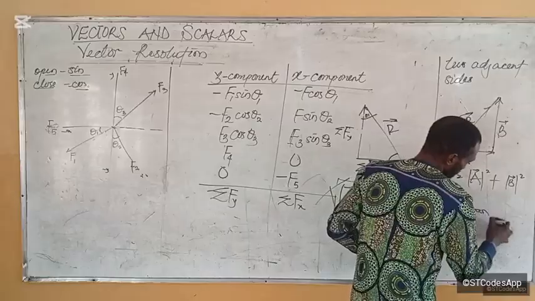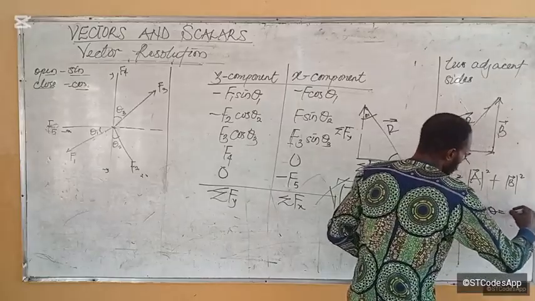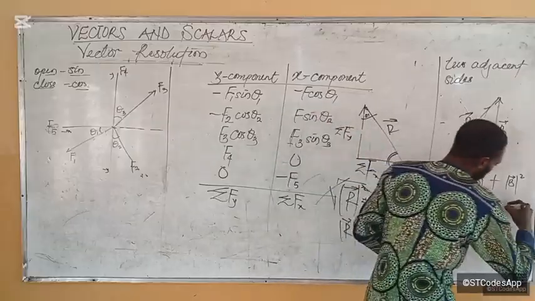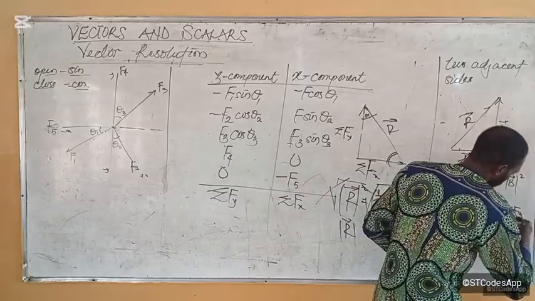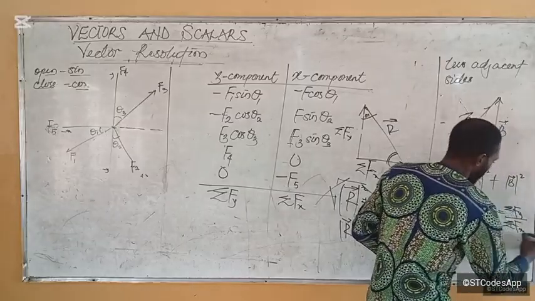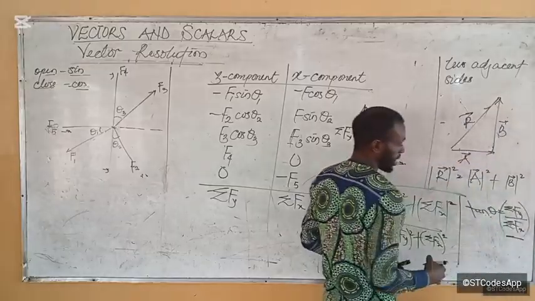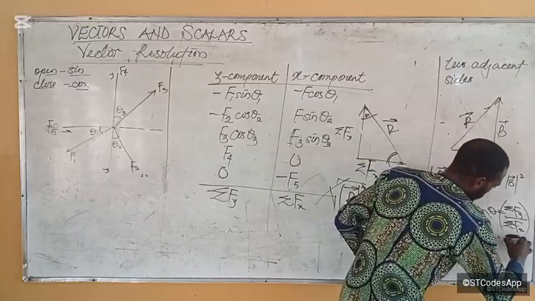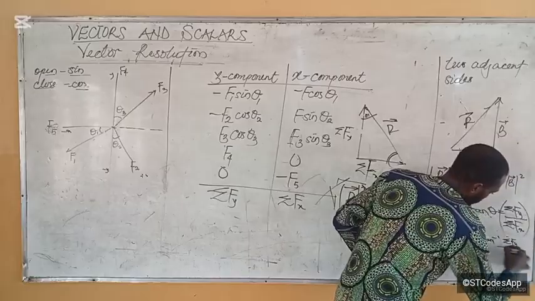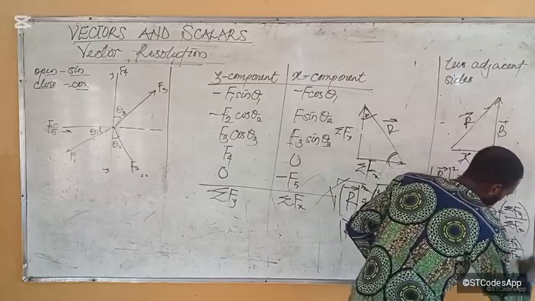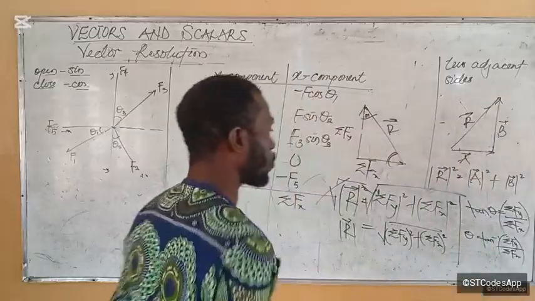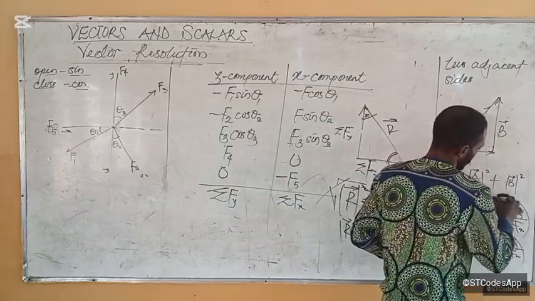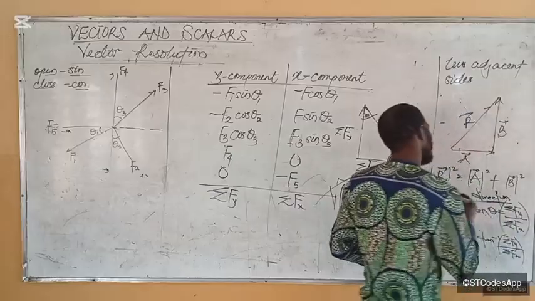So we have tan theta equal to opposite, which is fy in this case, summation of fy over summation of fx. So theta will be equal to the tan inverse of the summation fy over summation fx, and that becomes our angle, the direction. Is that okay? This is how to find the direction of the forces.